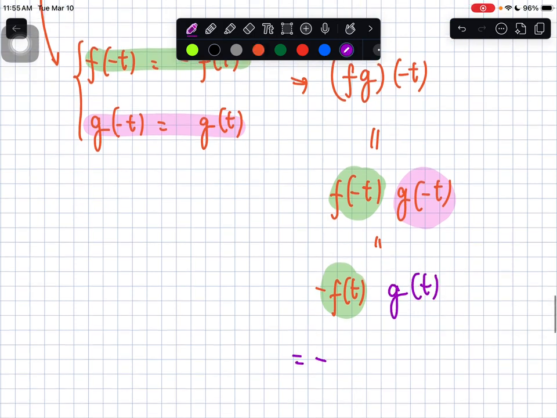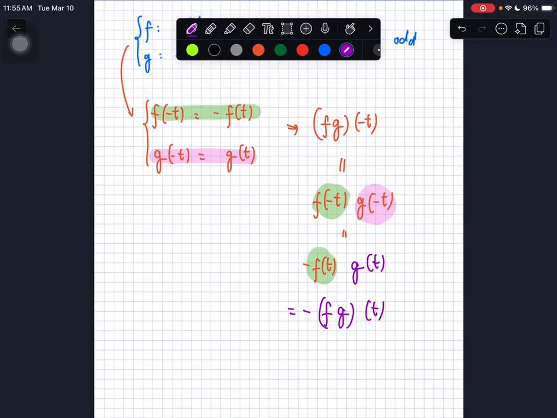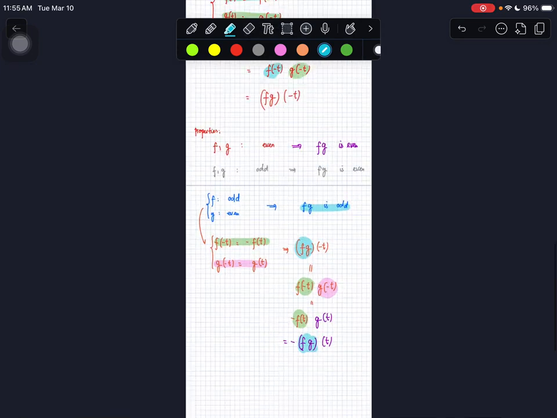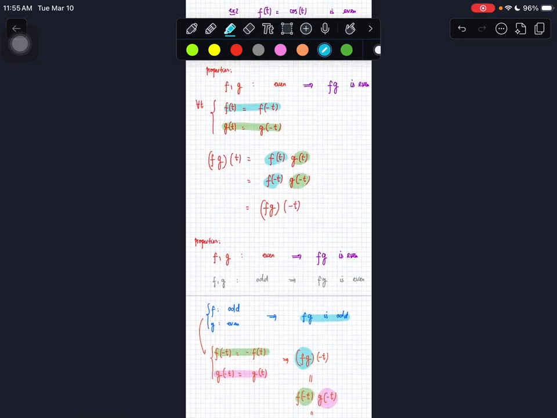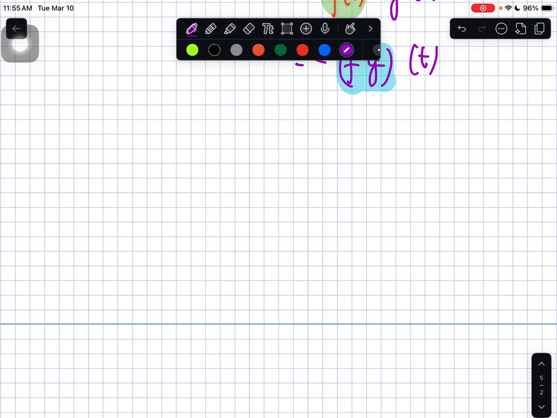So this is minus fg at t. So you see that function f times g is odd. So there are three properties we have for the products of two functions. Another property you should know is the integral.